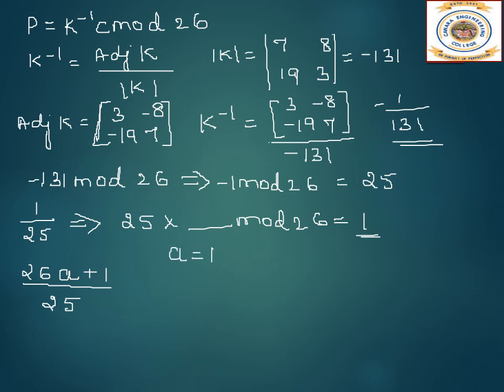First a as 1, then a as 2, a as 3, and so on, such that we get a whole number after division.